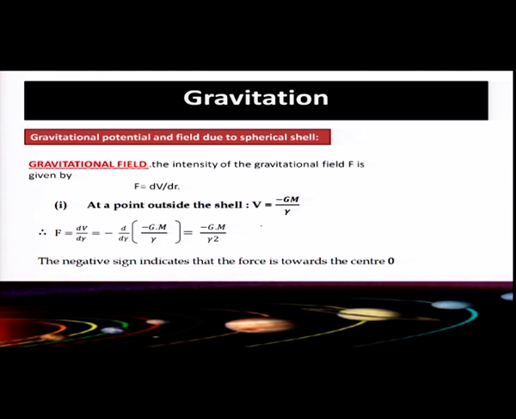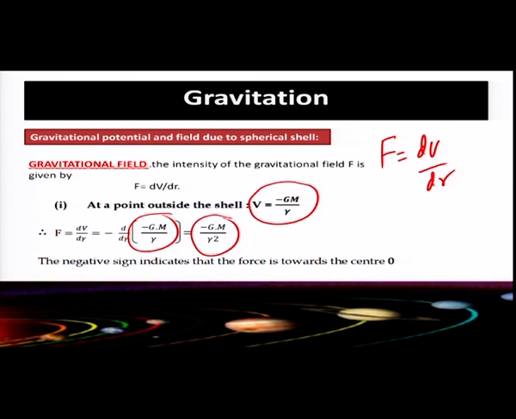And let us now discuss what we mean by gravitational field. The gravitational field is nothing but the gradient of potential, or it is given by F is equal to minus dV by dr. Therefore, at a point outside the shell, we have V is equal to minus GM by R, and when you differentiate this, d by dr of minus GM by R, we get GM by R squared.